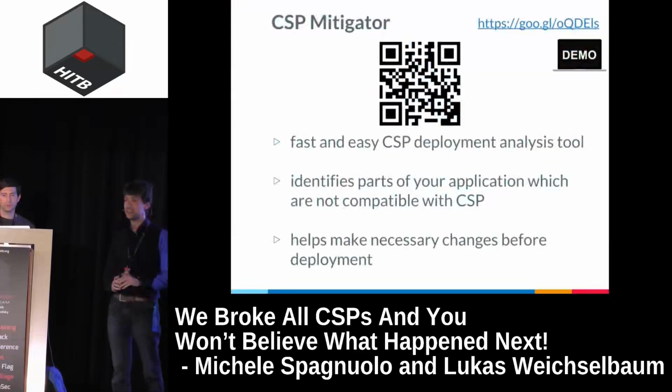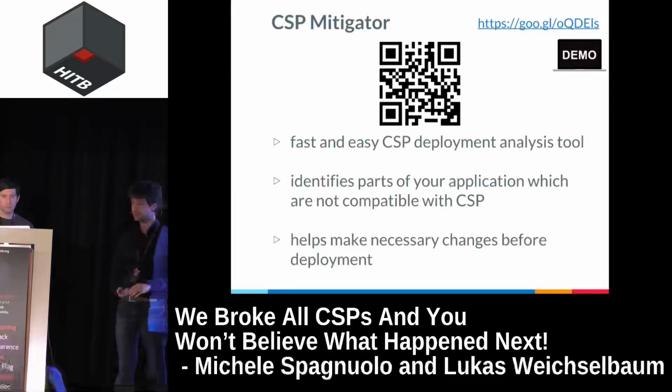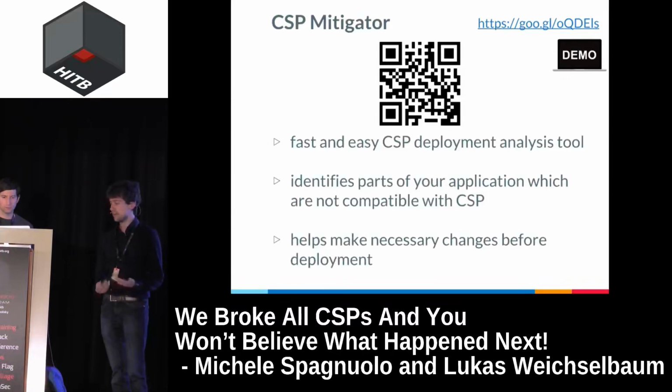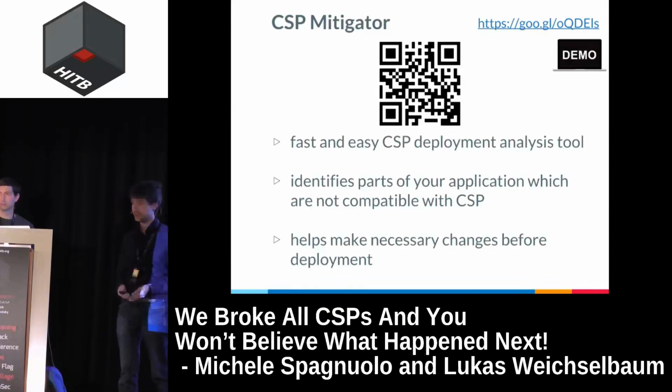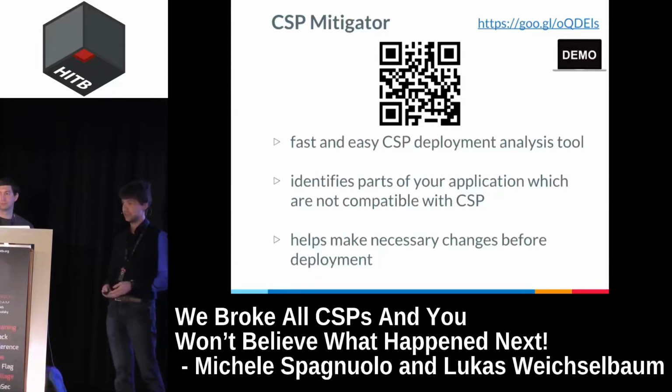So we developed, for example, an extension which we call CSP Mitigator, which is aimed at helping developers prototype a policy by just installing an extension, going to a website, and seeing what would break and what needs to be changed in a website to adopt strict CSP, which is our way of doing CSP.